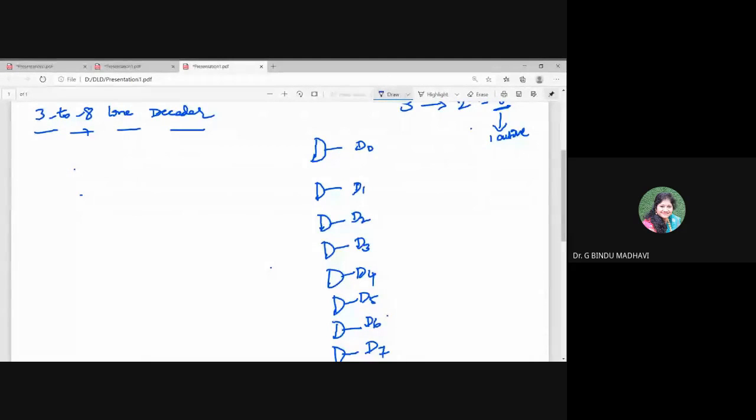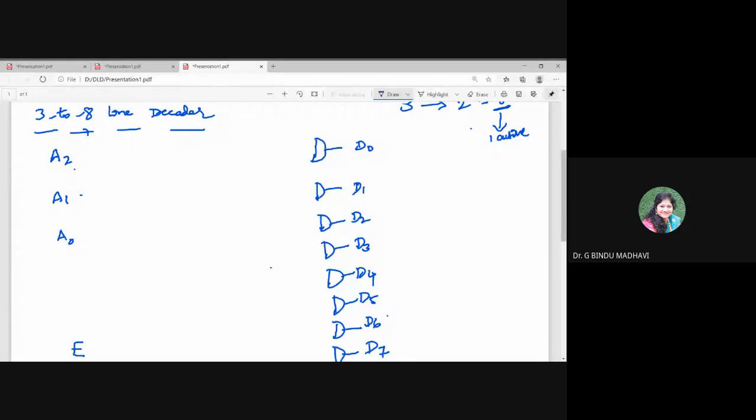So I can take the 3 inputs as A2, A1, A0. In addition to all these, you will have one more input called enable, E, to activate this circuit and make it functional.